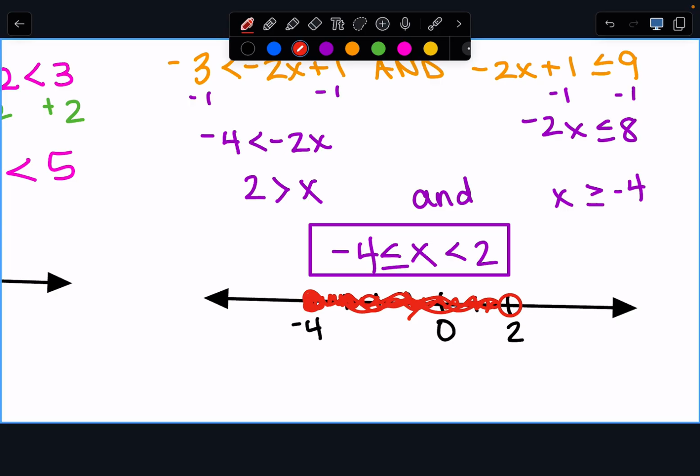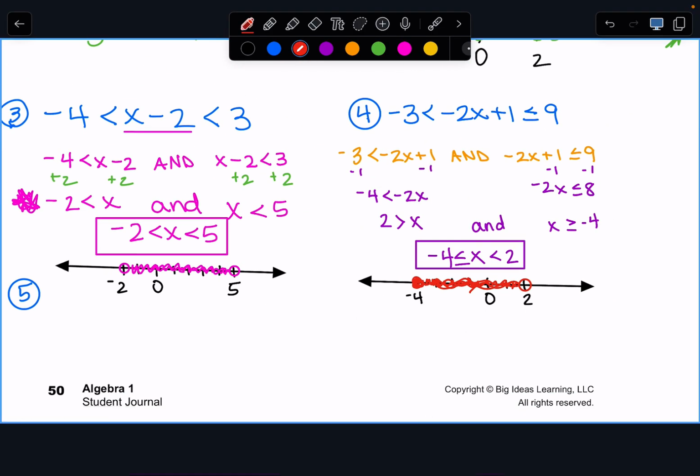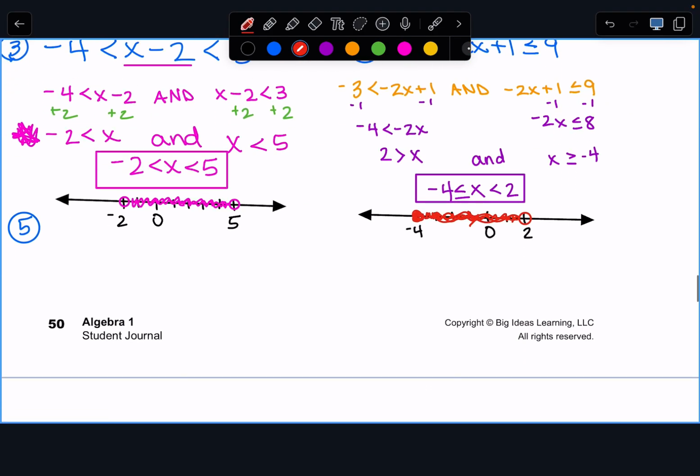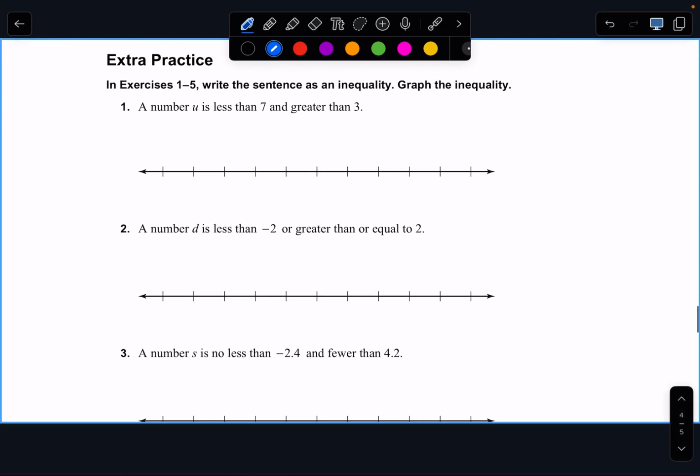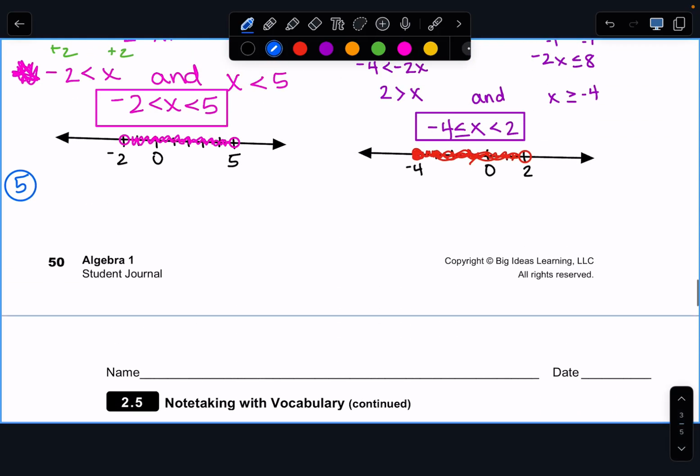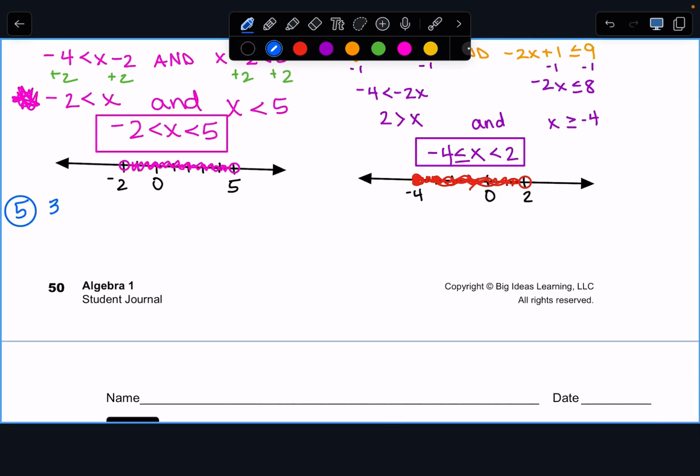Okay, I have one more problem I want to do. And if you don't think you can fit it, maybe you need to squeeze it over here somewhere on the next page. Okay, voices off.